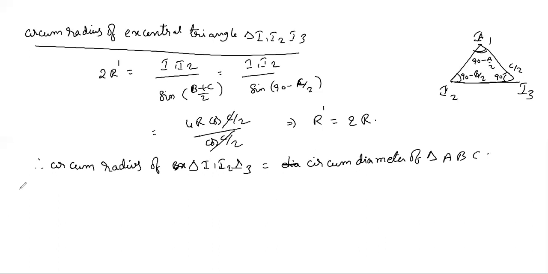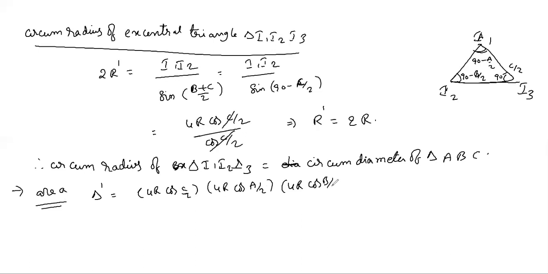Next, what is the area of the excentral triangle? We use delta dash equals abc by 4R, where a, b, c are the sides: 4R cos C by 2, 4R cos A by 2, 4R cos B by 2. To find the area of a triangle we use the formula abc by 4R.